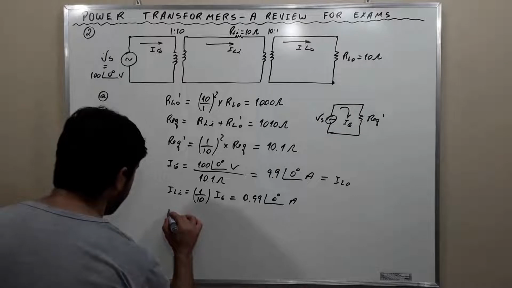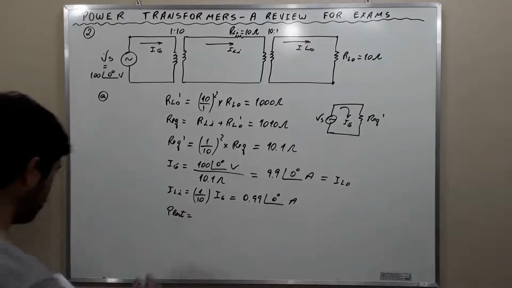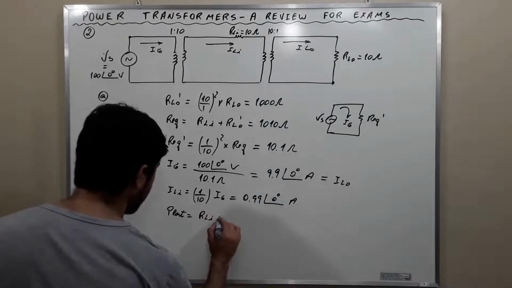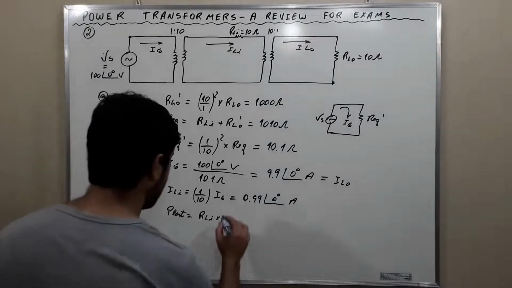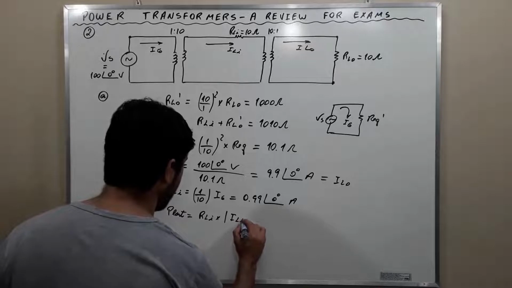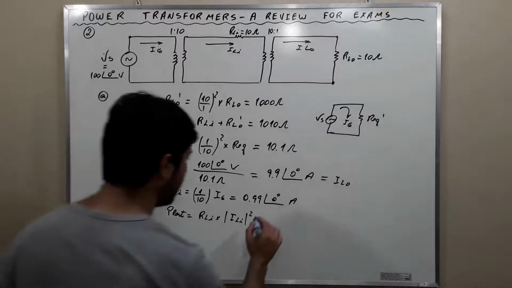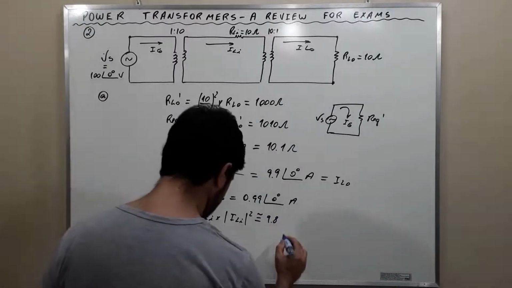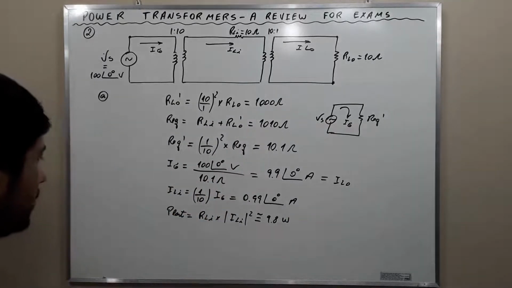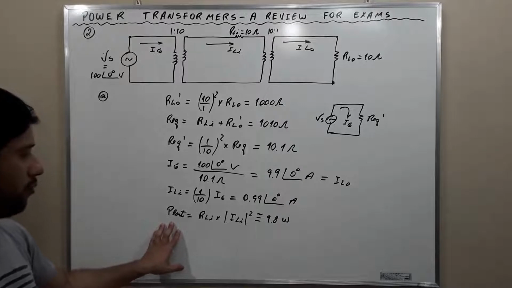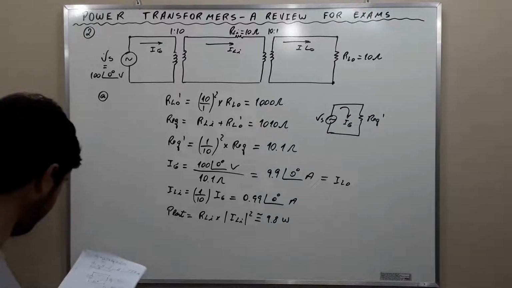The power lost is equal to the resistance of the line times the magnitude of the current squared, and this gives a value of approximately 9.8 watts. We want to compare this power lost with the generated power to assess the percentage of it.